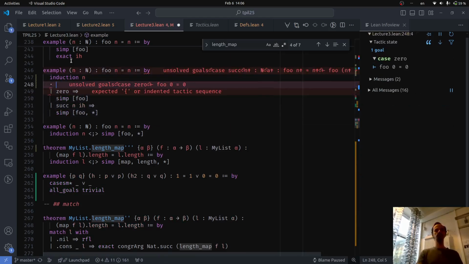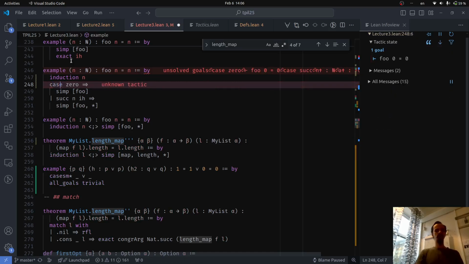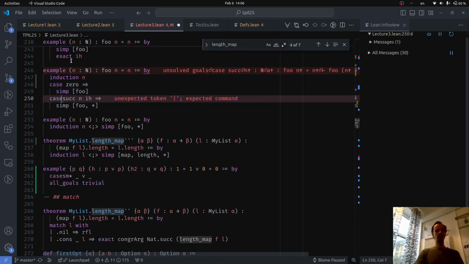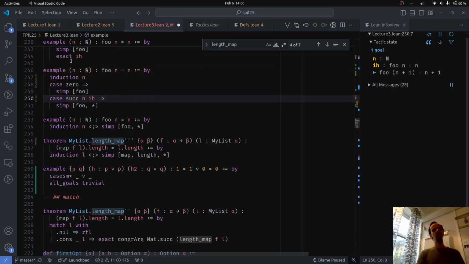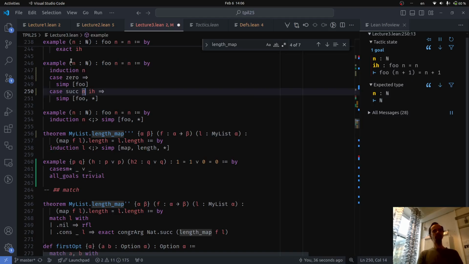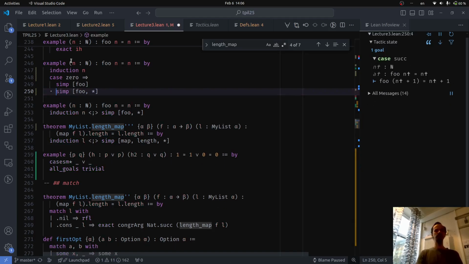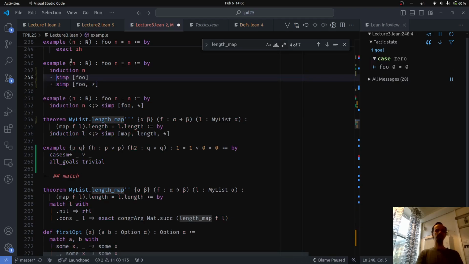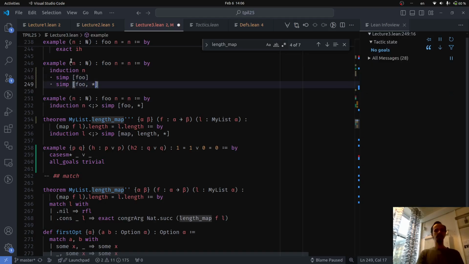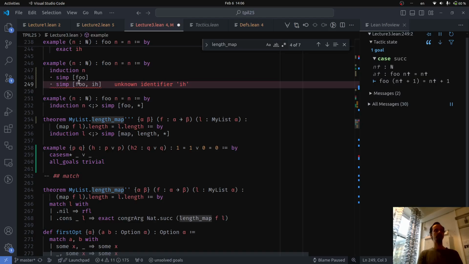You can also do something like this, but in induction maybe there is no easy way to name the variables that you want to name. If you don't need to name them, then you can just use the dots. But if you wanted to use the induction hypothesis right here, then you would need a name.